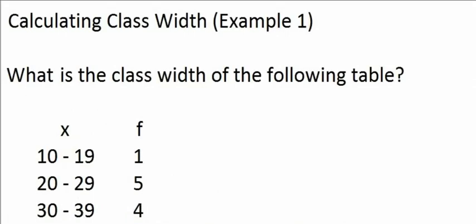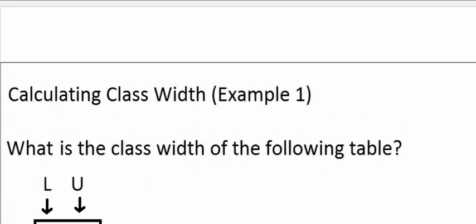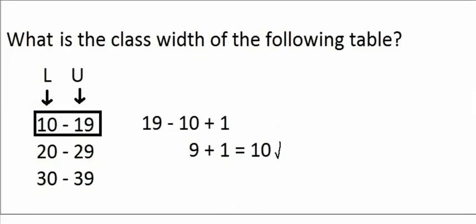I'll explain what I mean by lower and upper boundary. Here's our first example. Imagine we have this frequency table that I've just shown you, and we want to get the class width. We would just focus on the first class interval, 10 to 19. The higher end, which is 19, is our upper boundary.